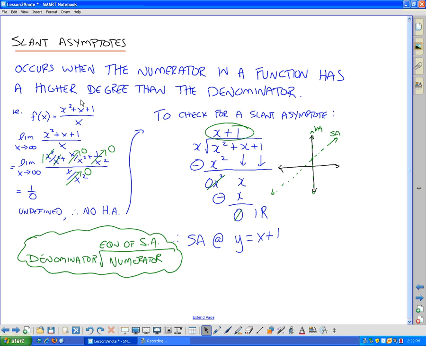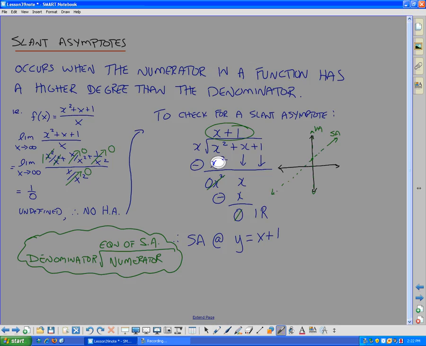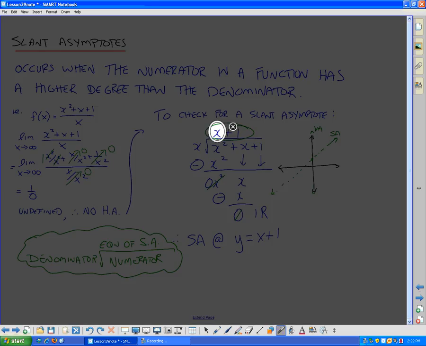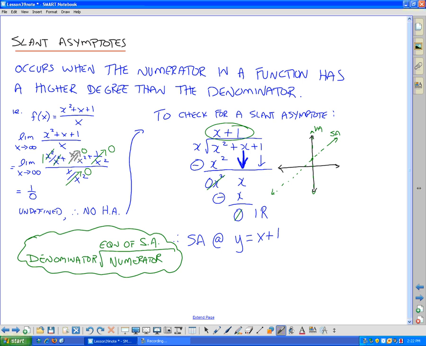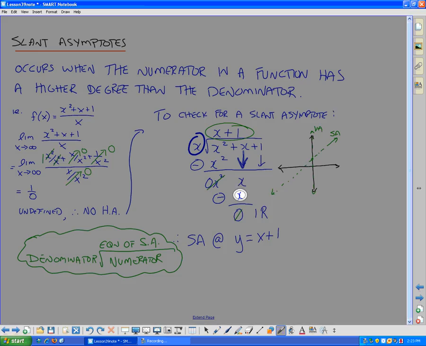You can see for this one, we do the long division, and I'll just step you through it quickly. Again, I need to multiply that term to make it an x squared. So I had to multiply by x. When you do the subtraction, the x squared disappears. We bring the x down. Now I have an x, and it's got to become an x, so what do I have to multiply by?